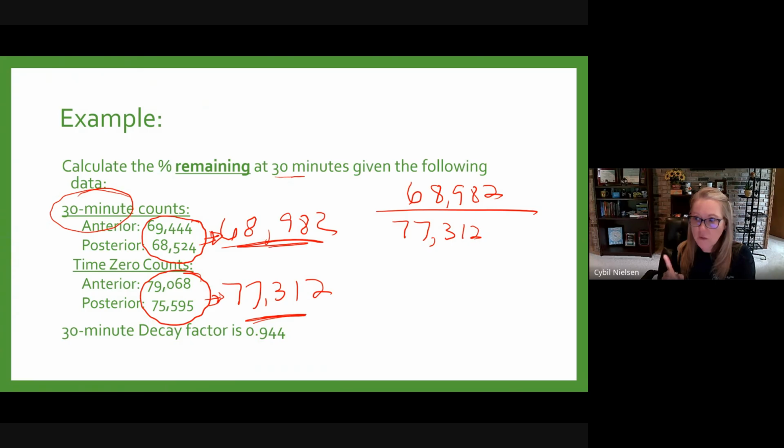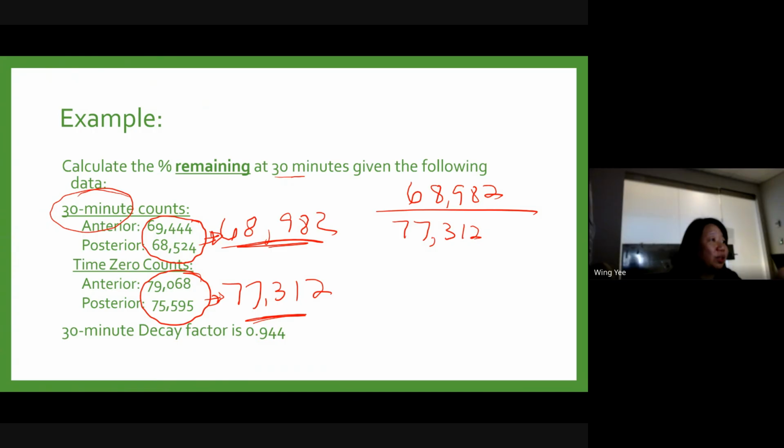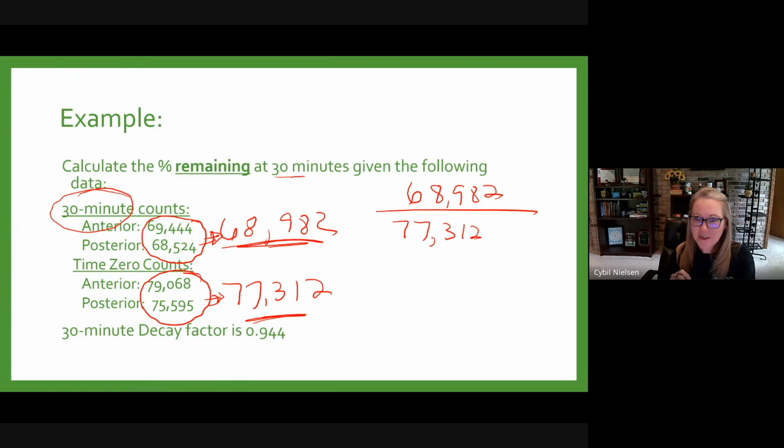But I have to do one other thing before I can put this in my calculator. Is it decay first? Which one am I going to decay, the top number or the bottom number? It's going to be the bottom number because at time 0, there was no decay. At 30 minutes, that was 30. These counts have already decayed 30 minutes and these haven't. So I need to multiply this by the 30-minute decay factor.